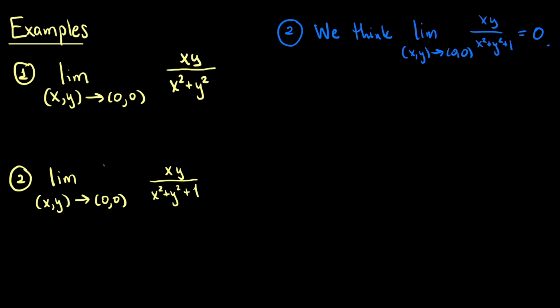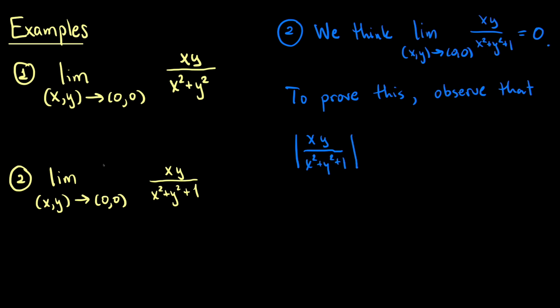To prove this, though, we have to come up with some kind of argument. There's various ways that you can do it. Observe that the absolute value of xy divided by x squared plus y squared plus 1 is less than the absolute value of x times the absolute value of y.